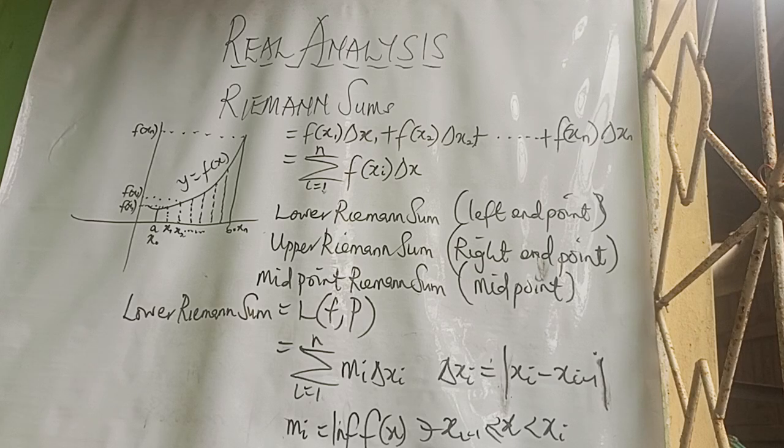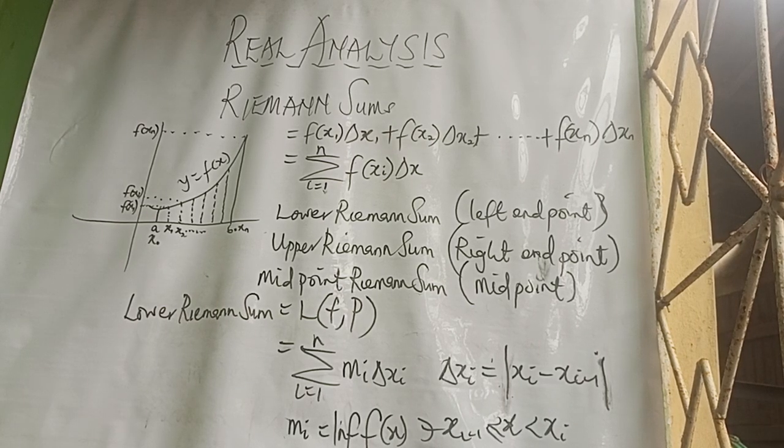That's the infimum of f of x. And remember we said for a positive function, it most times is the left endpoint. Most times it will be the left endpoint.